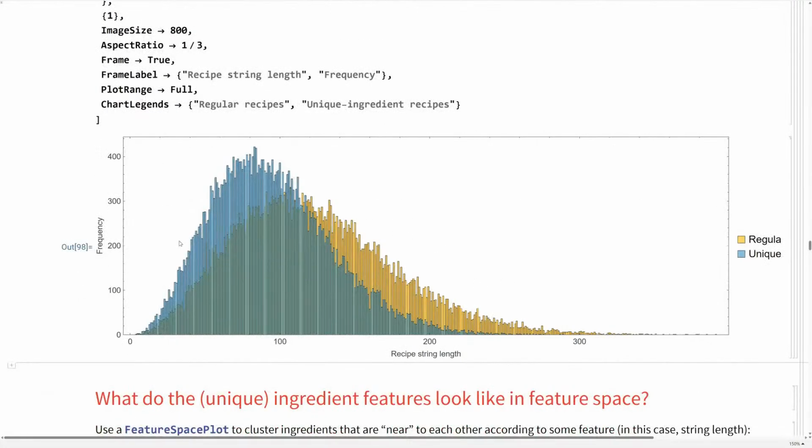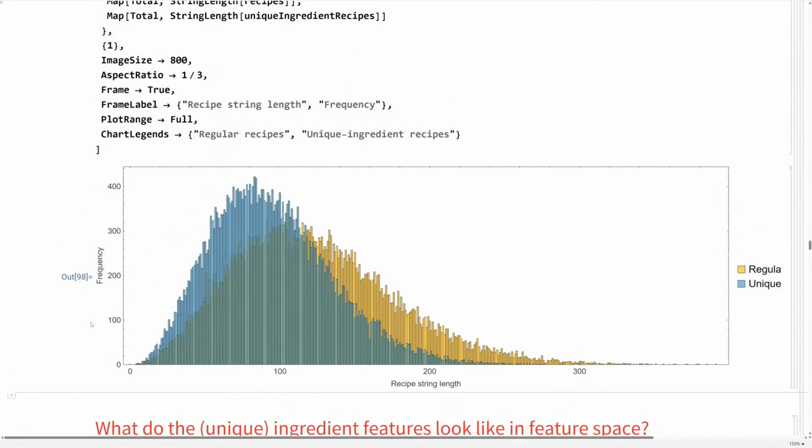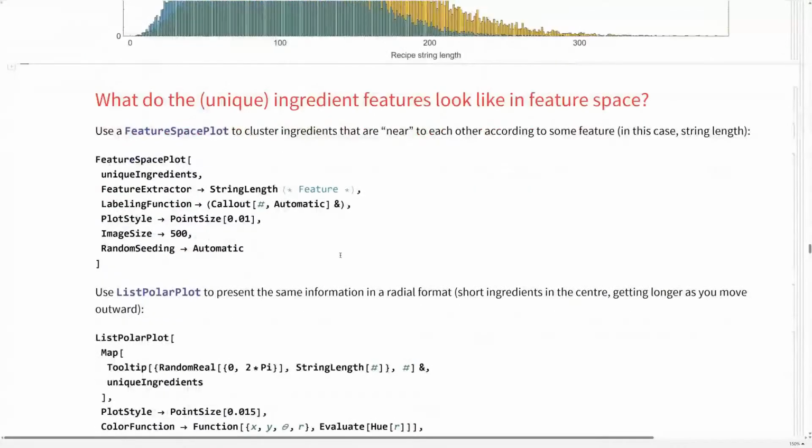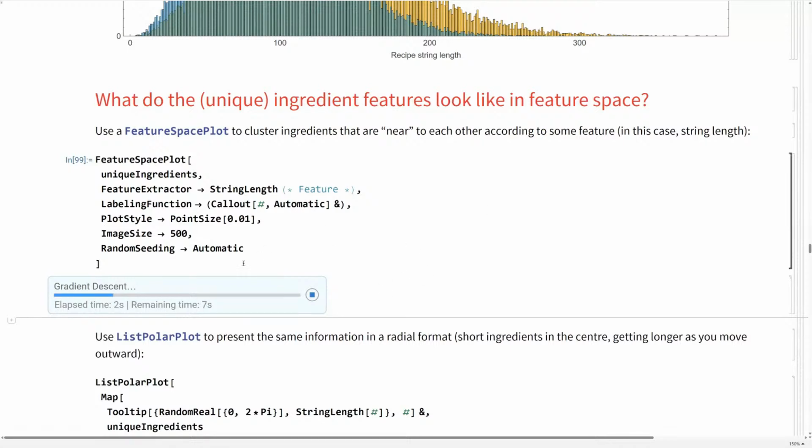So yeah, this is just a visualization of how the data is shaped and where the more interesting area to look at is. What do the ingredients look like in feature space?